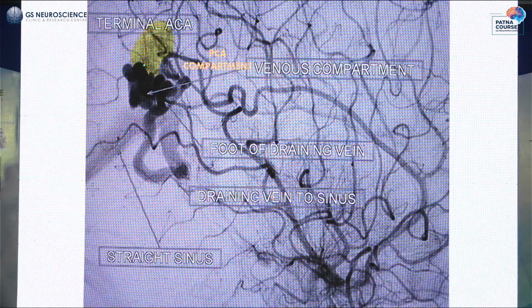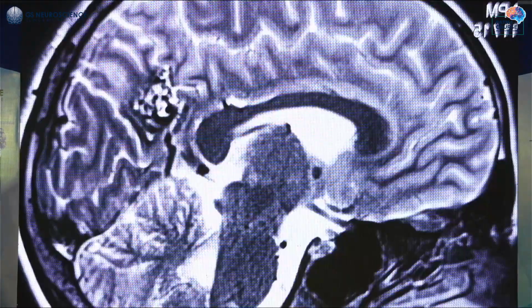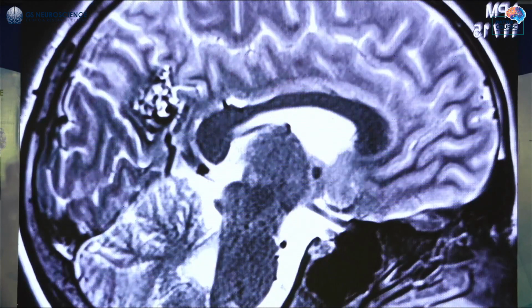This is the terminal ACA, PCA compartment. We have just shaded it out. This is the venous compartment, the foot of the draining vein, draining to the straight sinus. Now this is the anatomically localized lesion. Rahul is a master in putting all this into real terms, so we have tried to do it virtually. This is the location of the malformation.